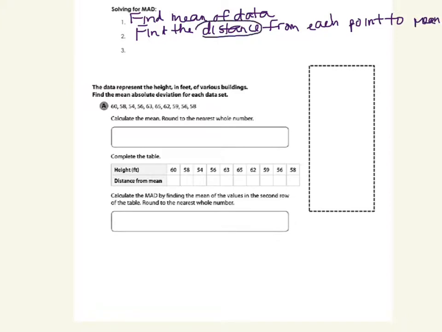And I want us to circle distance. Let's make a little side comment. The distance has to be positive. You can't have a negative distance. So finding the distance from each point to the mean is just the positive number. How far away is it from that number? It can't be negative. So find the distance from each point to the mean.